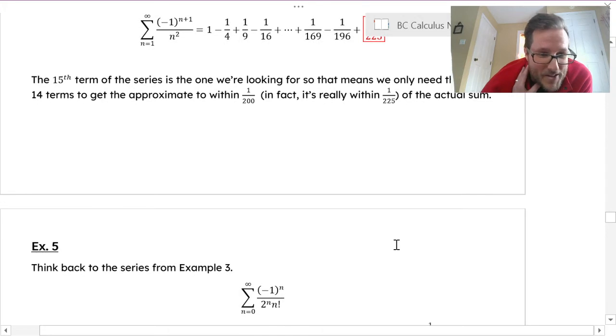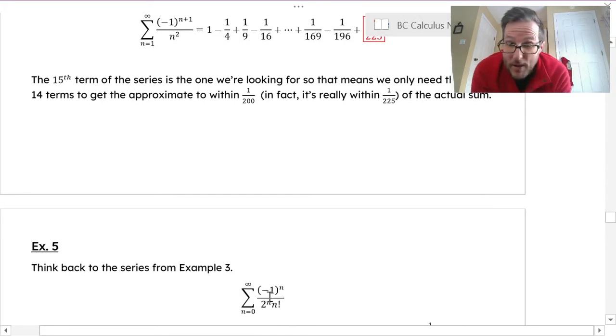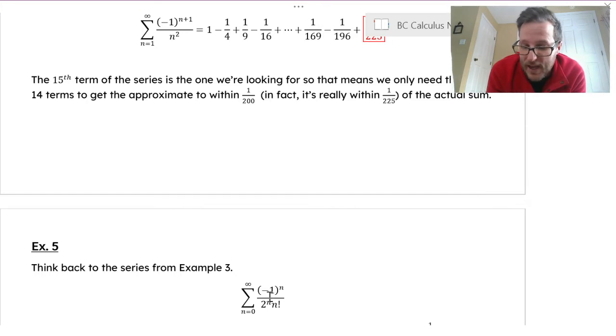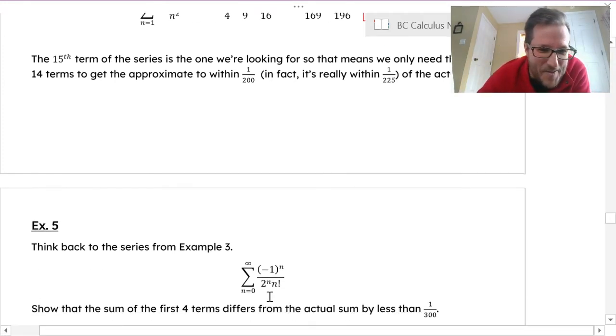All right, so example 3, we looked at this series. And we confirmed that it converged, right? Because the terms got really small, really quick, and they also went to 0. But what's the sum? Check this out.